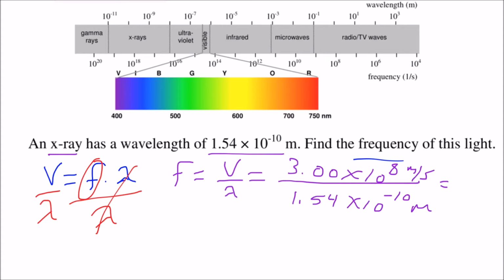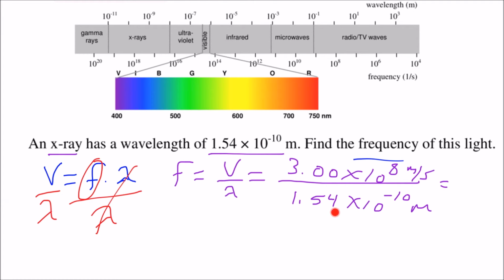Quick review of our scientific notation stuff. Remember, guys, I want you to be able to predict what the calculator is going to tell you before you do it. If you're dividing scientific notation, you can divide the numbers in front, and then you subtract the exponents, and that will give you the answer. You should be able to recognize that 1.5 is exactly half of 3.